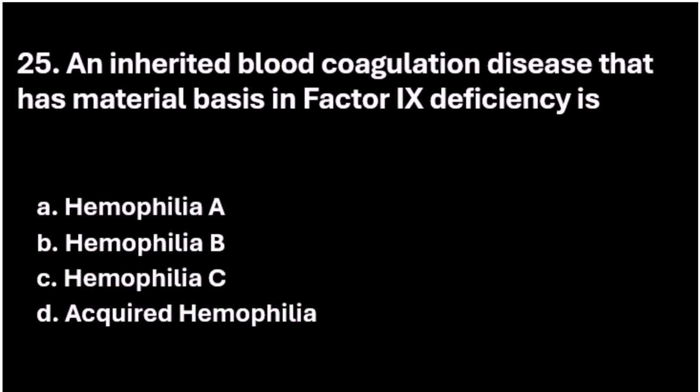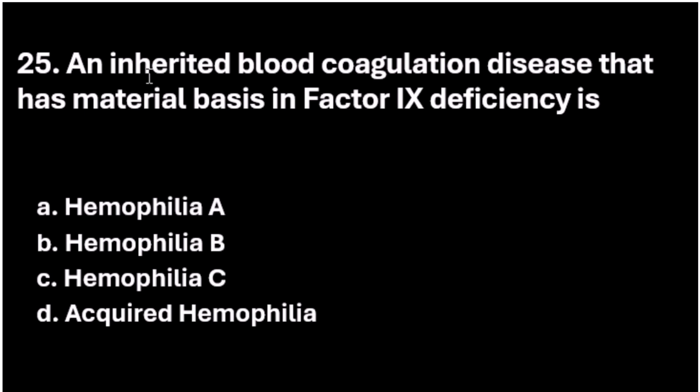Next question. An inherited blood coagulation disease that has material basis in factor 11 deficiency is option A, hemophilia A, option B, hemophilia B, option C, hemophilia C, and option D is acute hemophilia.